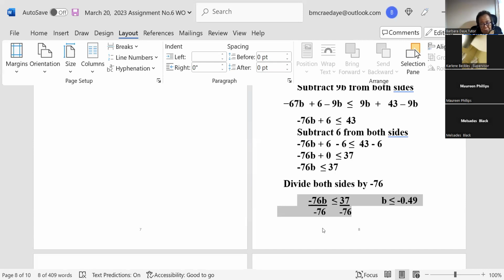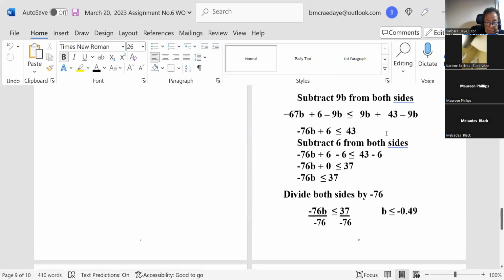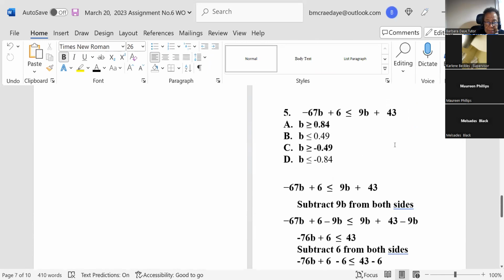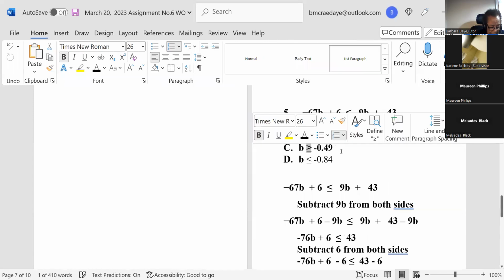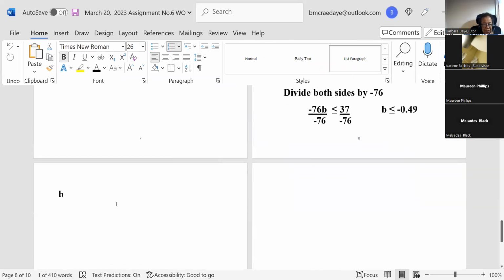And you've got to reverse the sign, and that becomes B greater than or equal instead of less than or equal. And that's answer C right here. Because you divided by a negative, right?